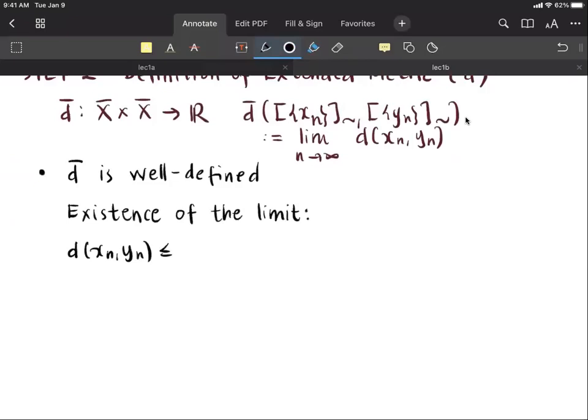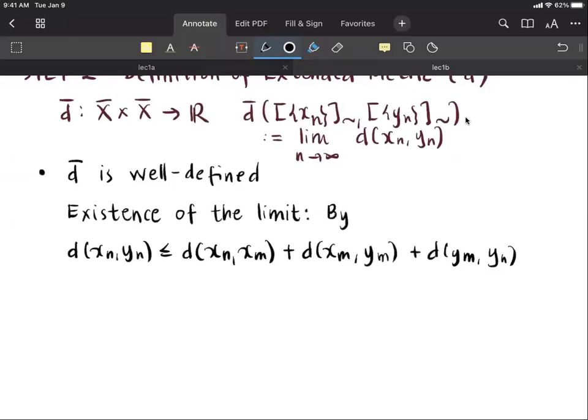Let us introduce two intermediate points, one with xm and then one with ym. This is done by the triangle inequality, M3.